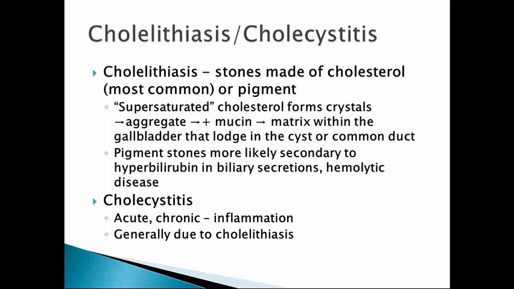Mucin is a protein-based substance, and with the crystals and this mucin together, this forms a matrix structure inside the gallbladder that then lodges in the cyst, or within the common bile duct. And this is what causes problems, because when you get something stuck in the common bile duct, now you have obstruction to flow.